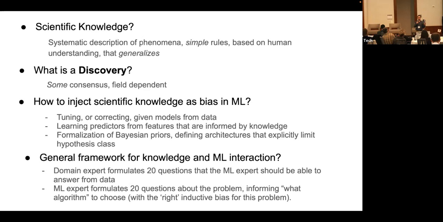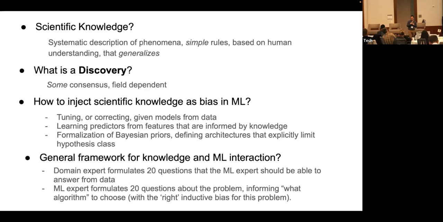Or you could turn these laws and these representations that are computed based on physical systems into features to learn whatever predictor you want. You can do more sophisticated things as well. You could formalize this in a Bayesian framework. You can try to formalize these things as priors and then include them in your learning algorithms.